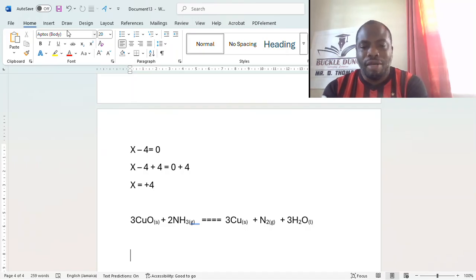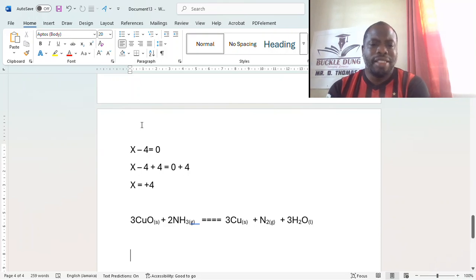But to track what is happening, you assign oxidation numbers. If you know the oxidation number, then you can tell what is happening, because you're going to look if the oxidation number is decreasing or increasing.